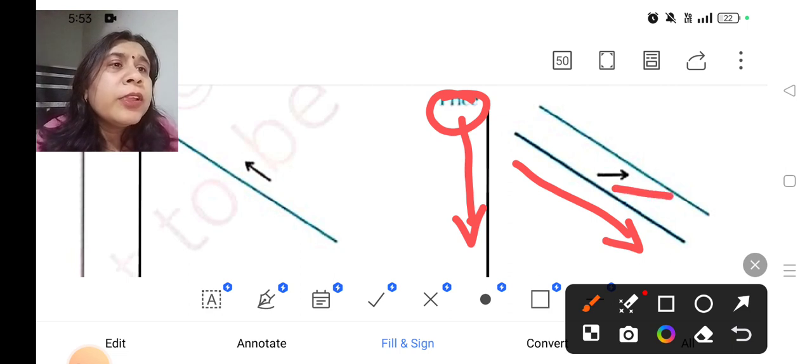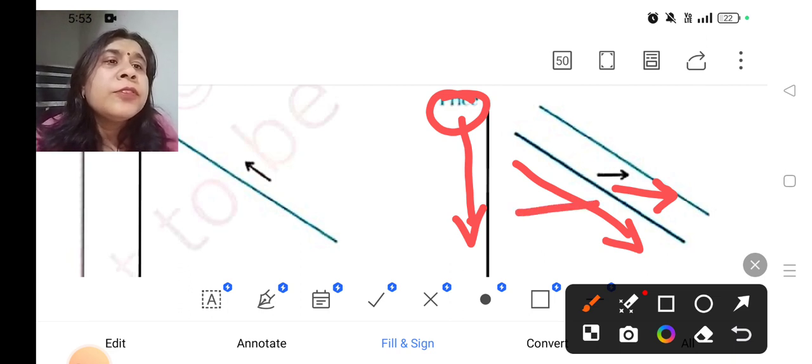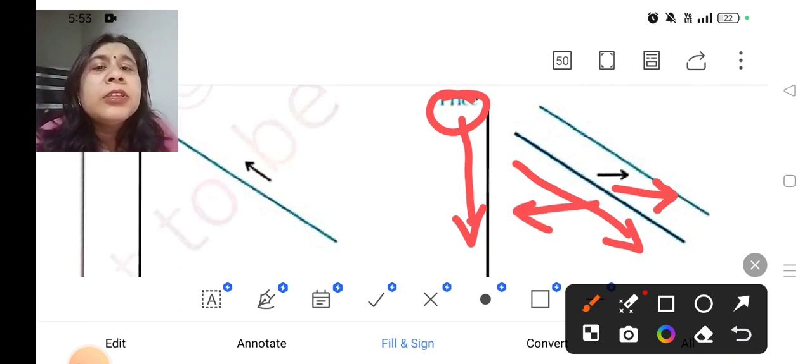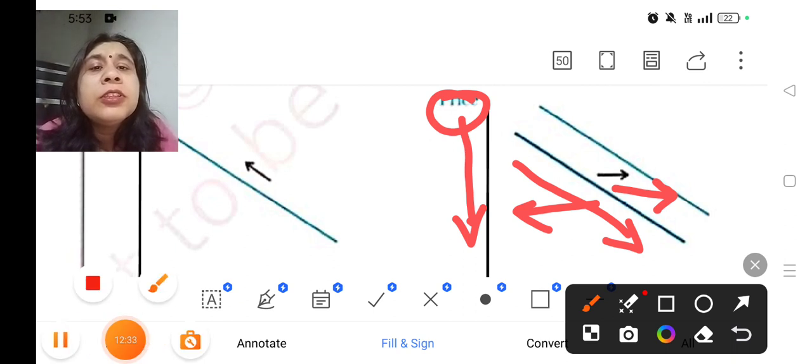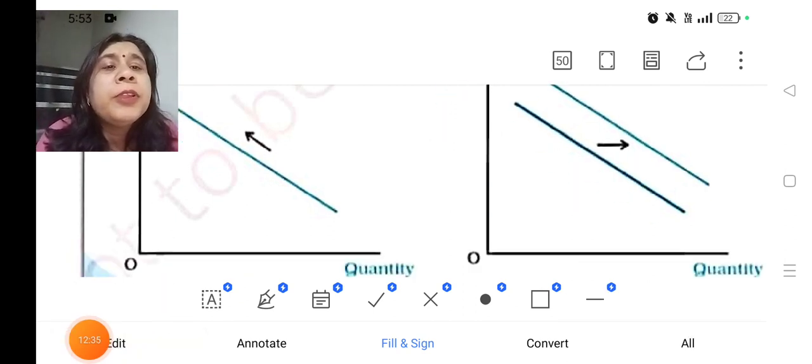So this will bring a change in the demand curve and the demand curve will shift rightward. On the other hand, if the consumer becomes unfavorable toward a particular product, the same demand curve will shift leftward. So this is how the change in the demand curve takes place.